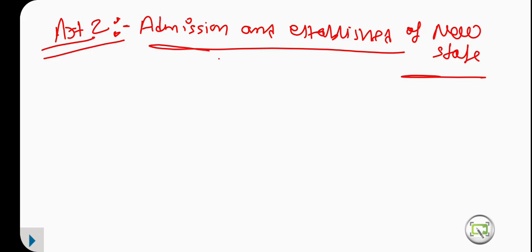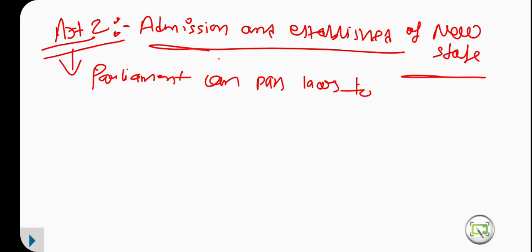Admission and establishment of new states. What does Article 2 talk about? Admission and establishment of new states means how a new state can be added to our country.